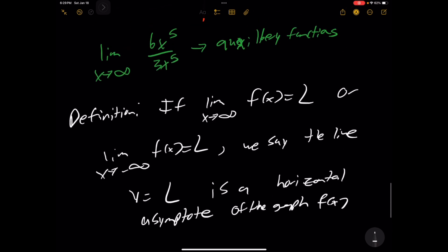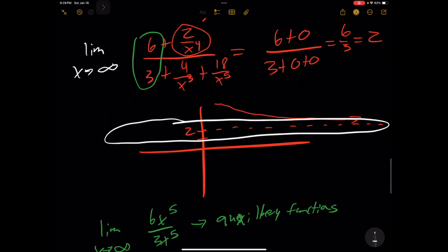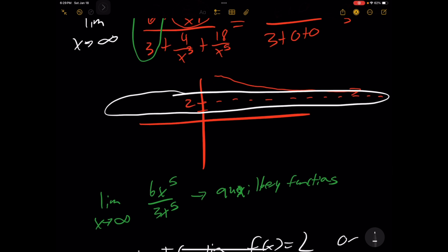And all that means is at some point, our graph f of x, specifically when we're going towards infinity or negative infinity, is going to get infinitely close but not touch the line y equals 2.